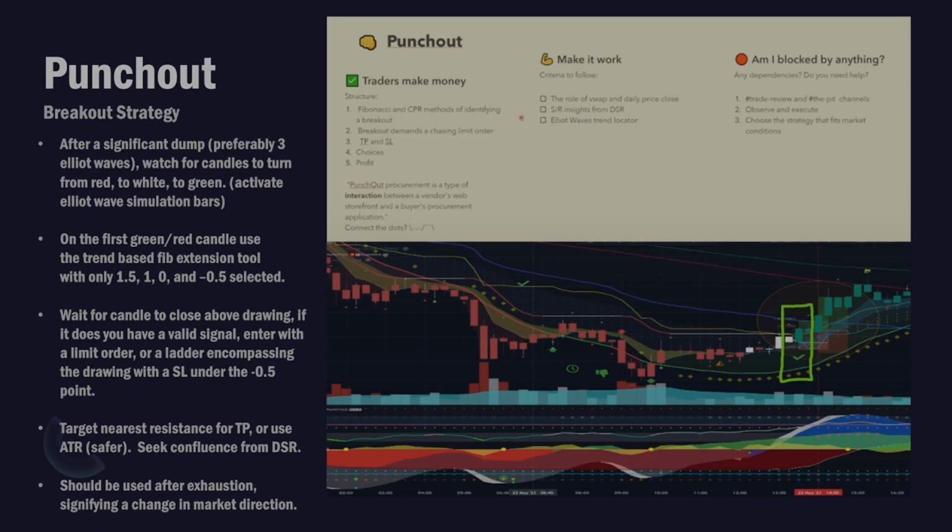You want to have faith in the system and not lose any sleep over it, and that's what we're looking for. So yeah, punch out's a great strategy. It has a pretty high hit rate. It's not one that I personally use as much.